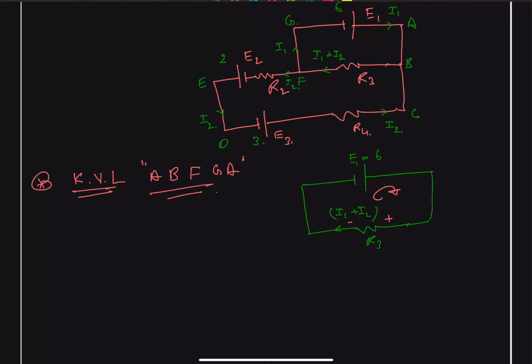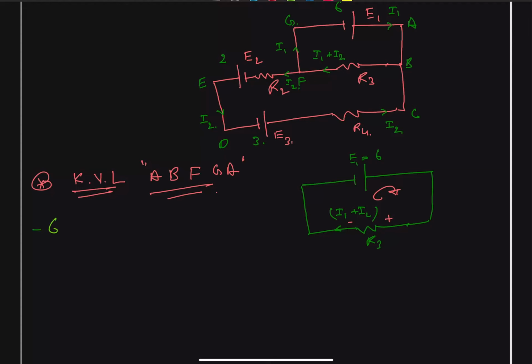So we can say, if we start with the potential, for E1 that will be minus of E1, because that is a fall in potential.